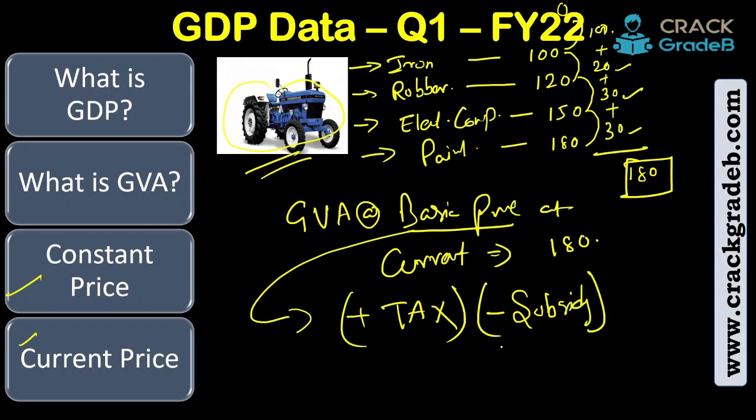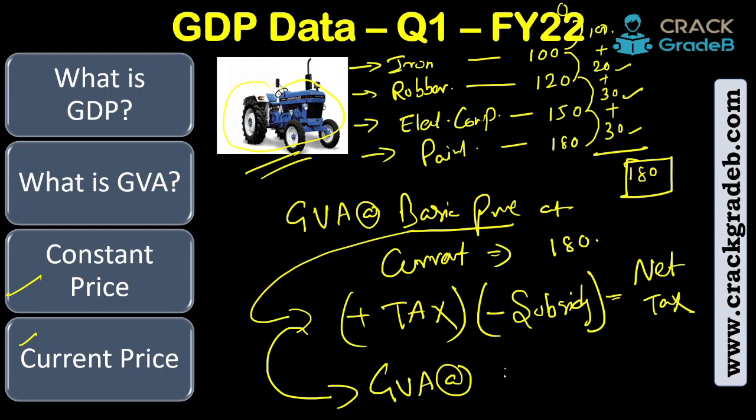Since this is a tractor, government might be giving some subsidy over it for farmers. This is known as net tax. And once you do and recalculate it, you come to GVA at the current price equal to whatever the value comes, right?